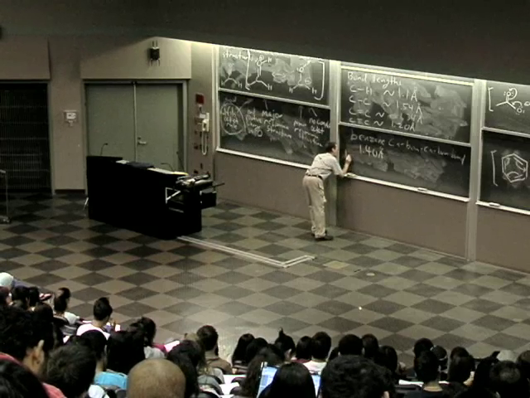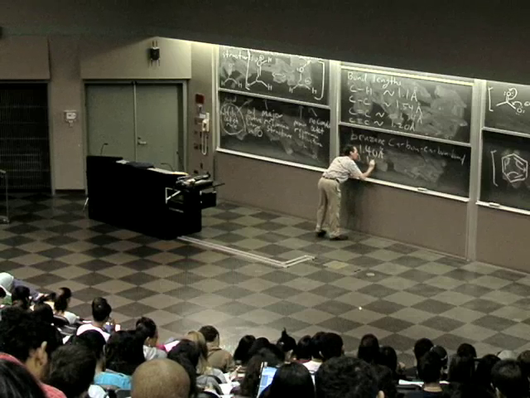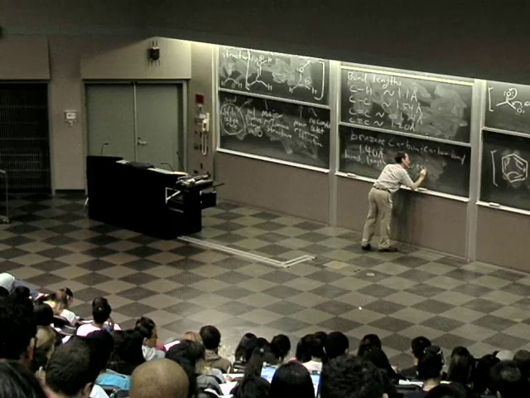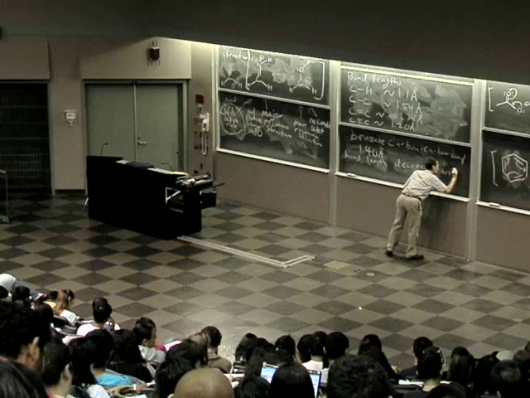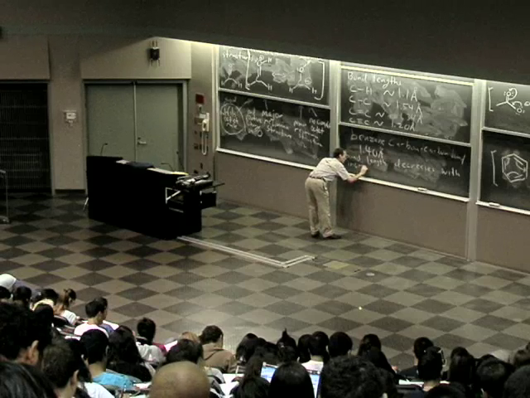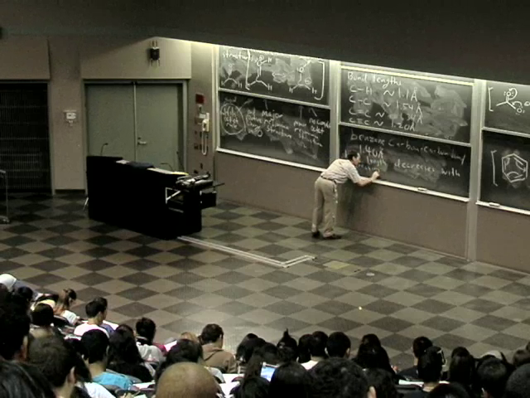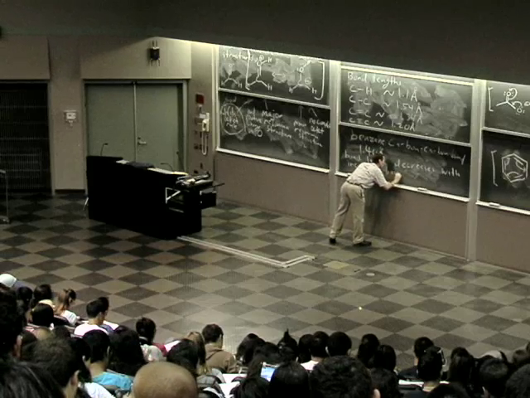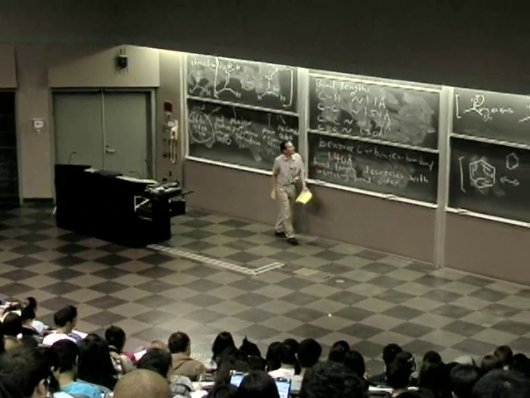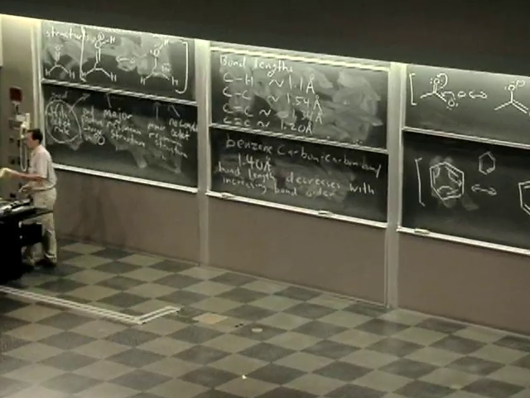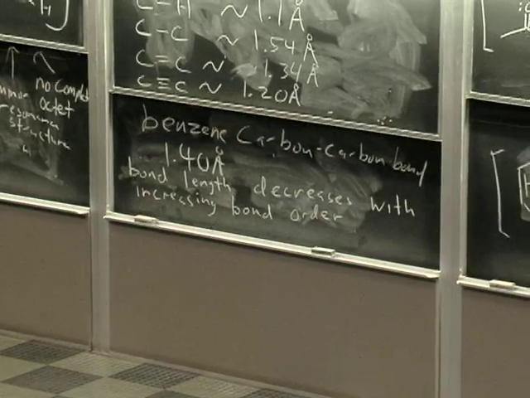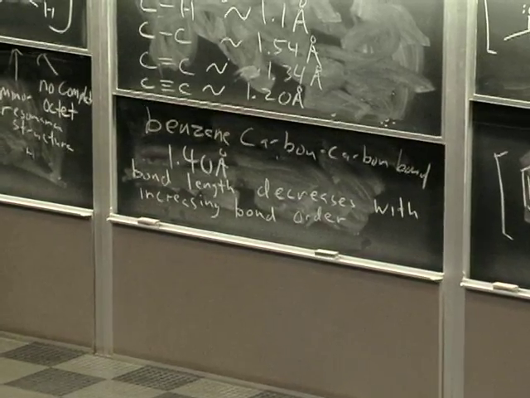So if you want to say bond length decreases with increasing bond order, that's just a fancy way of saying a double bond is shorter than a single bond, a triple bond is shorter than a double bond, and a bond that's 1.5, as we are in benzene, is somewhere in between.